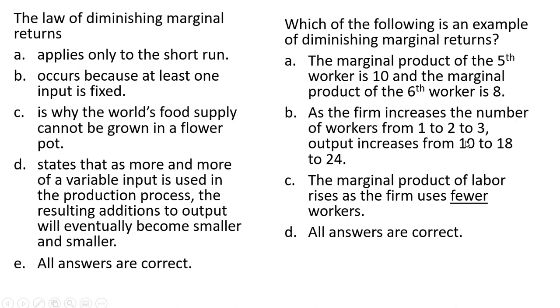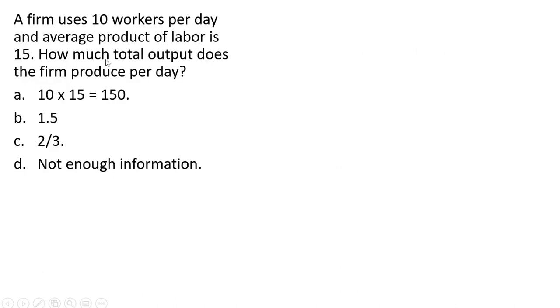The marginal product of the second worker is 8, going from 10 to 18, an 8-unit increase. And the marginal product of the third worker is 6. So notice here that the marginal product is falling with each successive worker hired. So that's true. C, the marginal product of labor rises as the firm uses fewer workers. That would be consistent with diminishing marginal returns. So all answers are correct.